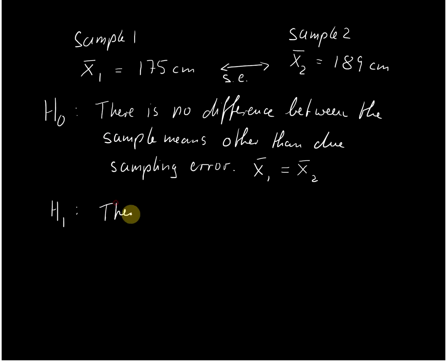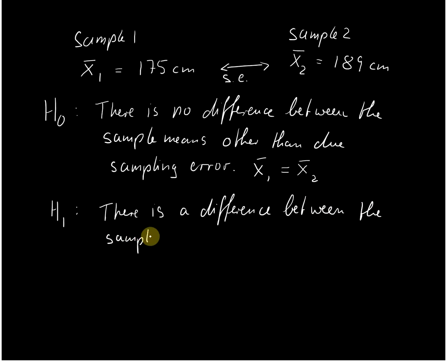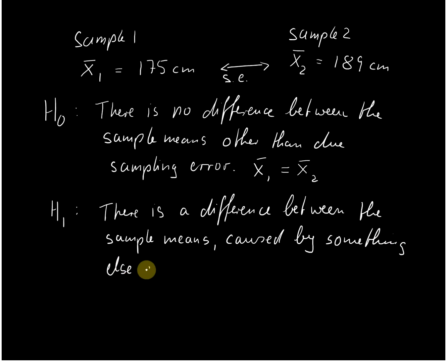We say there is a difference between the sample means caused by something else, on top of the sampling error.